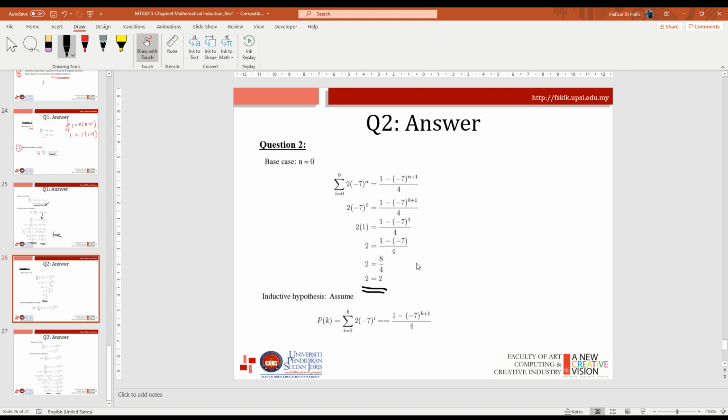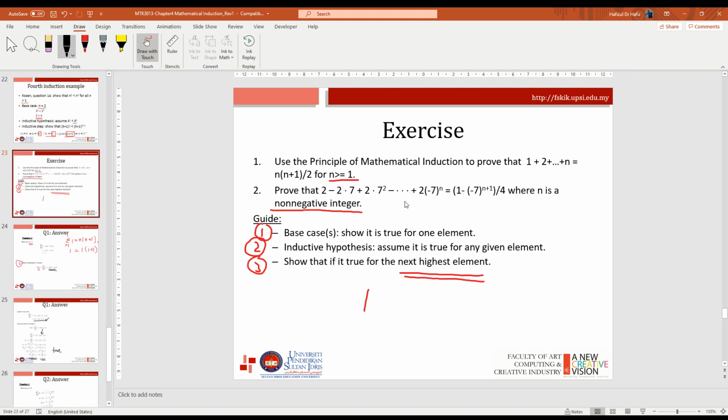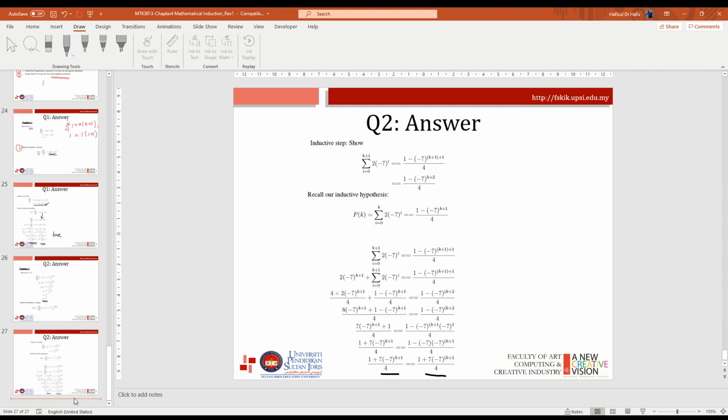First we have to show P1, or n equal to 0. This one is for the non-negative. Prove that 2 minus 2 multiplied by 7 plus 2 multiplied by 7 power of 2 and so on, divided by 4, where n is a non-negative integer. Okay, let's give another example.